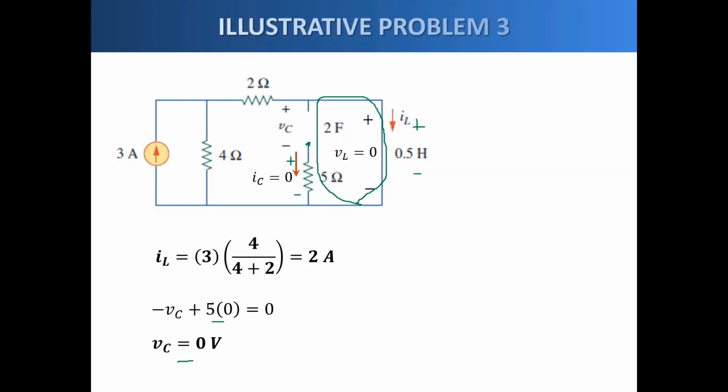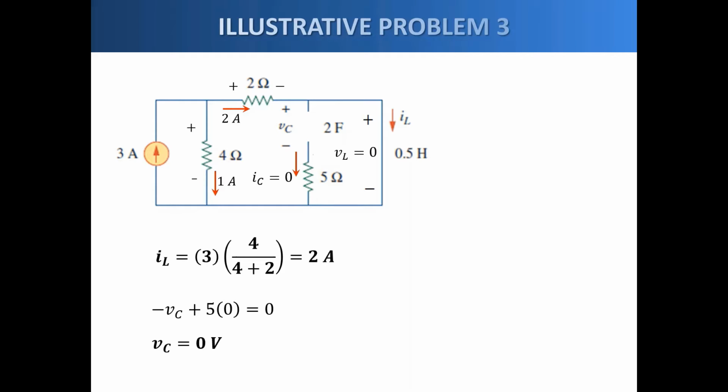We could have used this loop to get the V sub C, this loop here. So here, this is the plus, this is the minus. Well, the current through the 2 and 4 ohms are given by this.